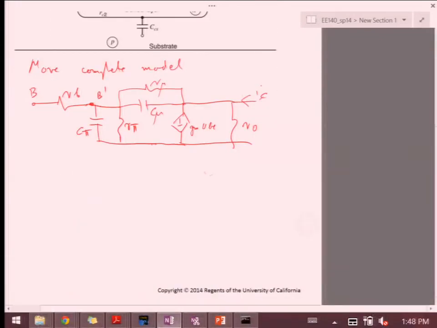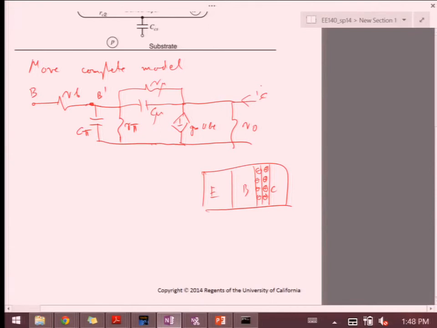So what I have is EBC, and then there is this depletion region here where donors have given up an electron and are left with positive charge, and acceptors have accepted an electron and are now left with negative charge.